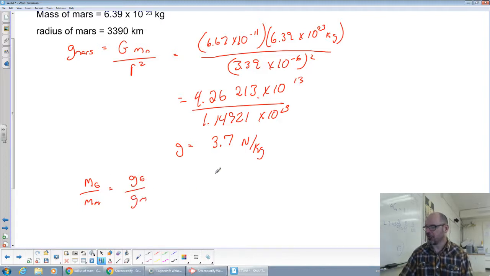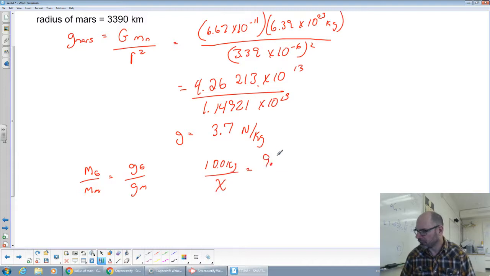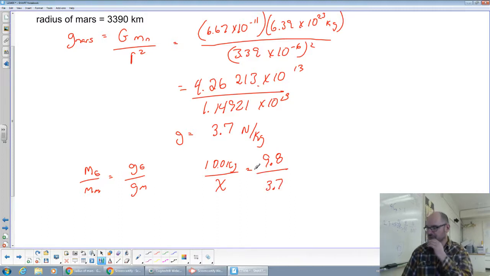So the mass of the object on Earth is 10 kilograms, over something that's on Mars, and the constant on the Earth is 9.8, and on Mars it's going to be 3.7. So it's going to be less, obviously.